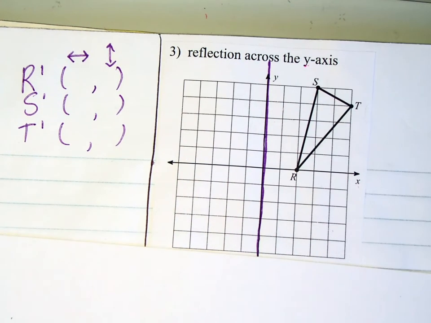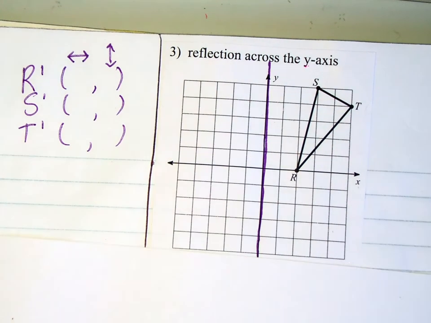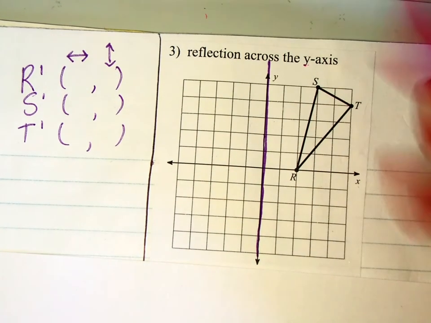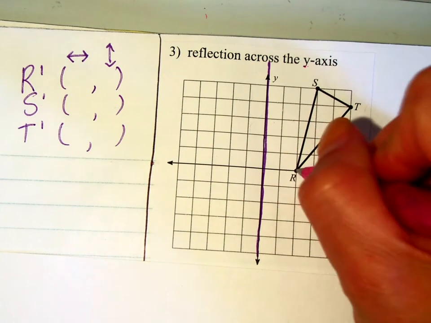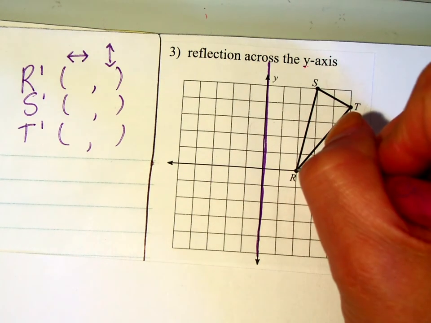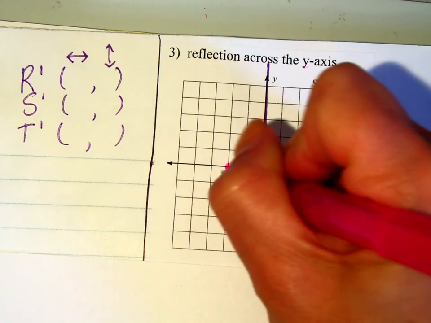And now we're going to count how far away our pre-image points are from that line of reflection. And I'm going to go in alphabetical order again. So R, S, T. So R is 2 spaces away, so 2 to the right. So I must go 2 to the left. This is now R prime.